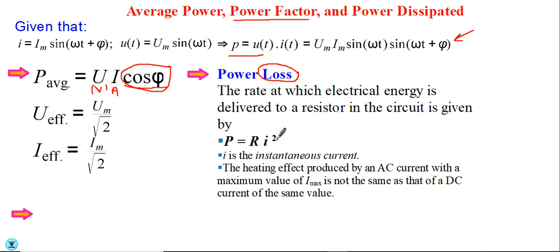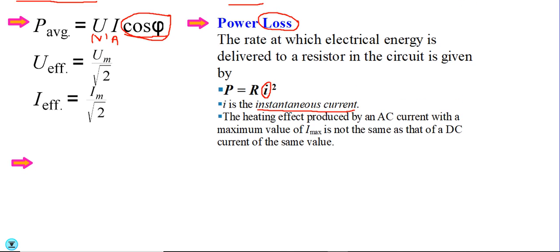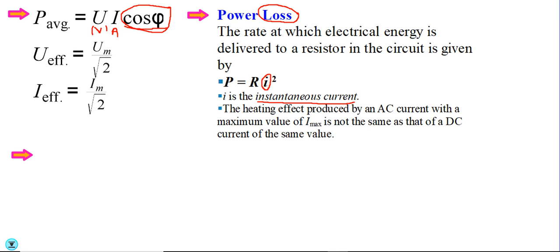So P is equal to R i squared, such that i is the instantaneous current at any time. The heating effect produced by an AC current with a maximum value of I maximum is never the same as that of a DC current of the same value.